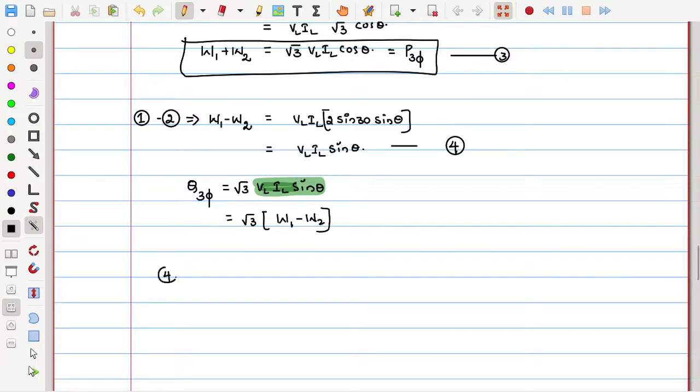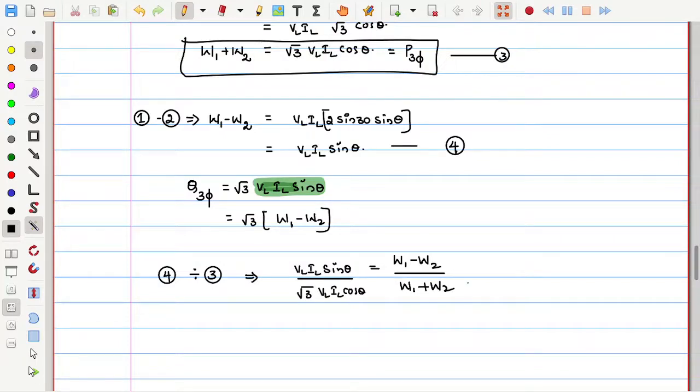If I divide 4 by 3, what I get is VL IL sin theta equal to W1 minus W2, and from the third equation, root 3 VL IL cos theta equals W1 plus W2.